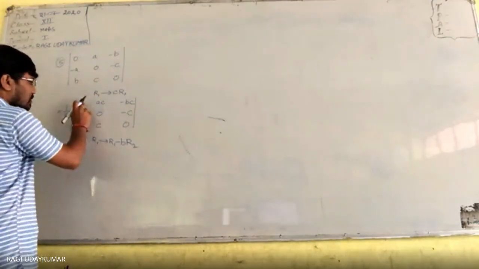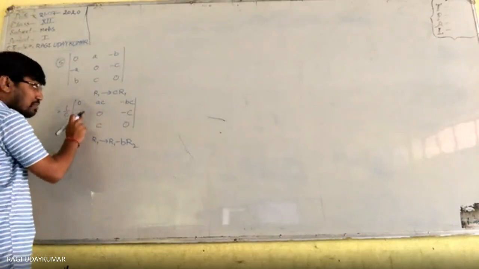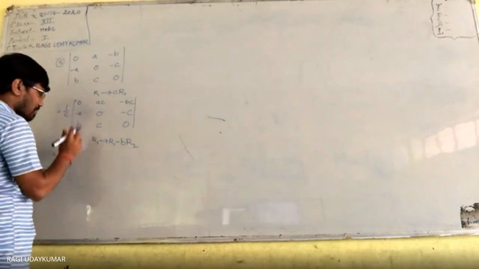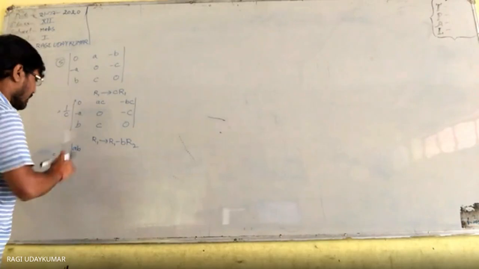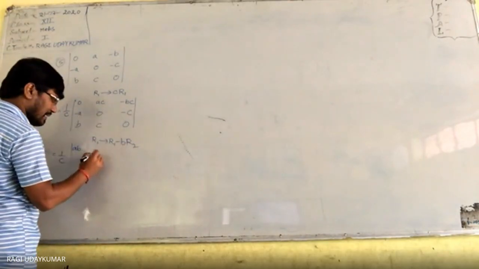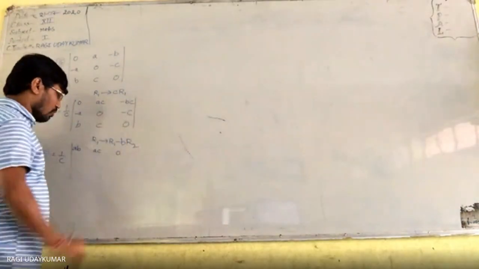This minus this one, this minus B into this one. So minus becomes plus, multiply by B, A also comes, you get AB. Next, AC minus B into 0, so AC comes, minus BC plus BC becomes 0.